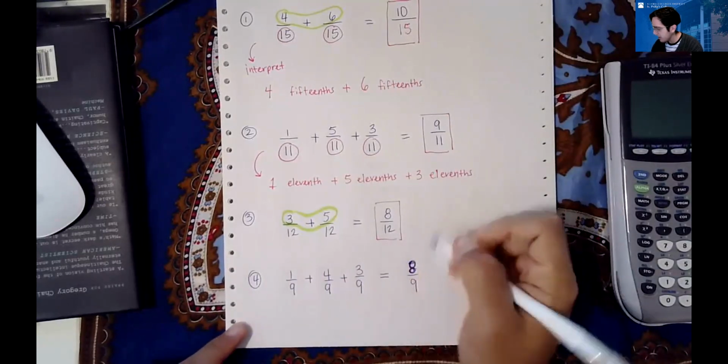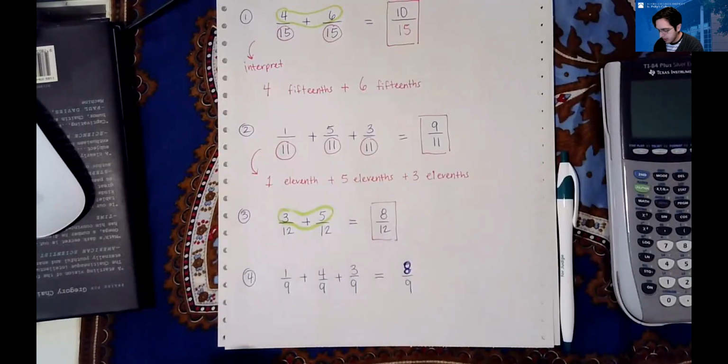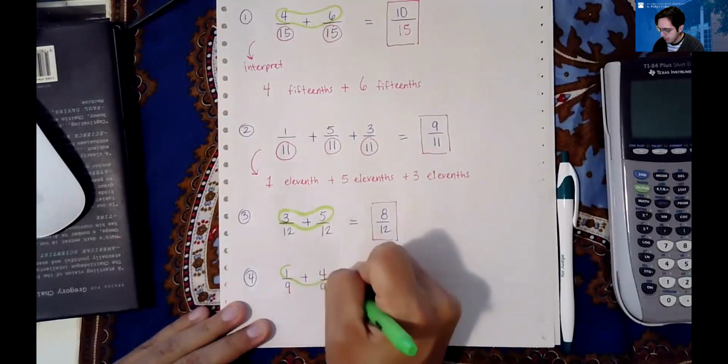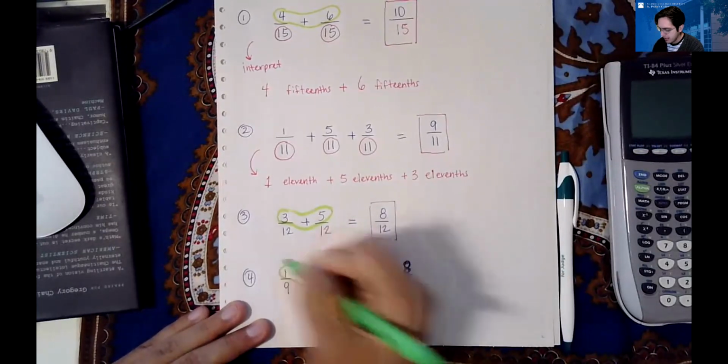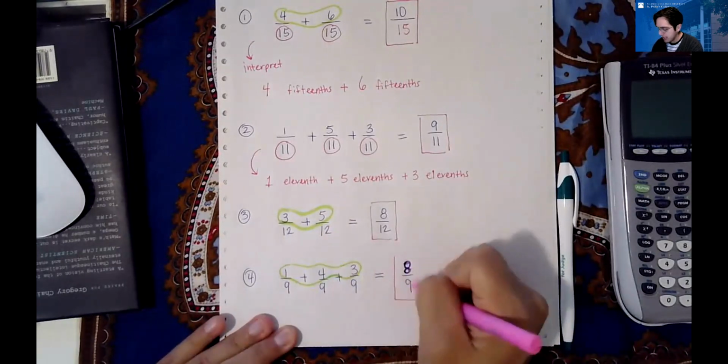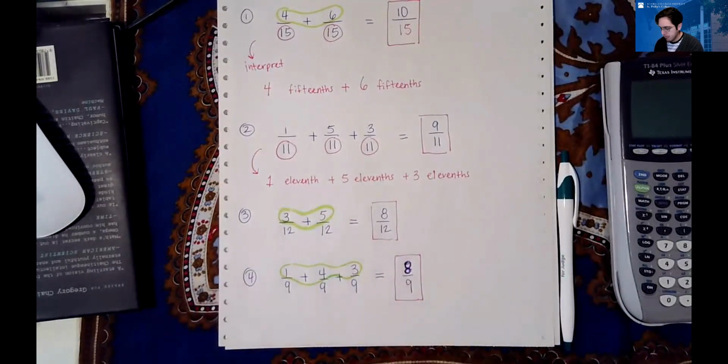That was the only issue. But we're good. We caught it. 1 plus 4 is 5, plus another 3 should be the 8. Does anybody have any questions about these? No. Does that feel a little clearer on how to add those fractions together? Yeah. Okay.